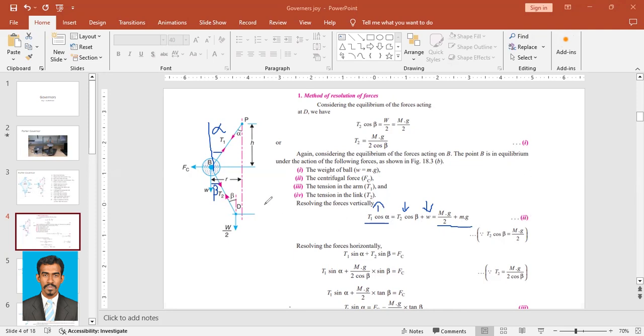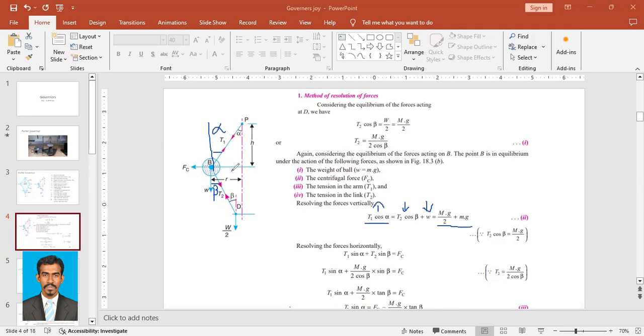Now we are going to resolve forces in the horizontal direction. That was the vertical direction. Now in the horizontal direction, Fc is acting this way.